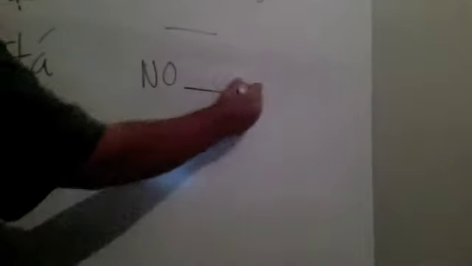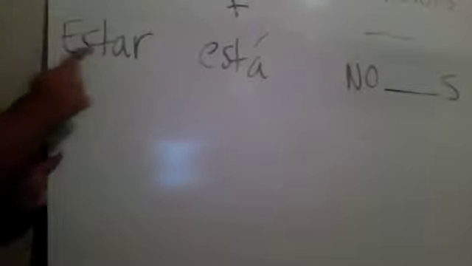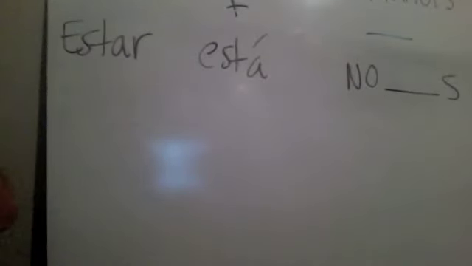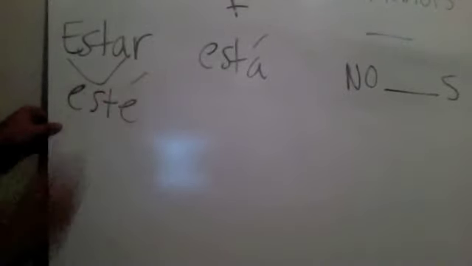Now what about the verb estar? Affirmative, yo estoy, tú estás, él está. There's your tú command. Now what about your negative command? No. What's our usted command of this? It's also one of your 5 irregulars. Your usted command is this.